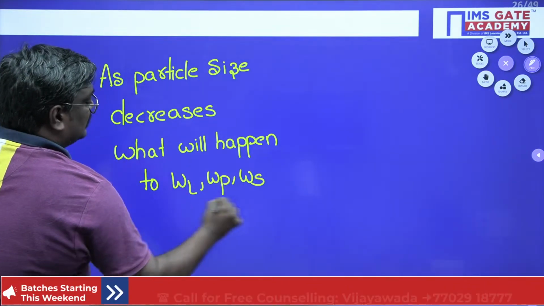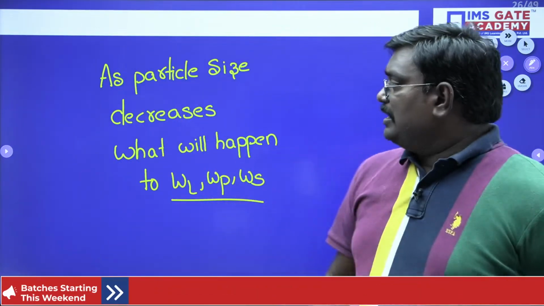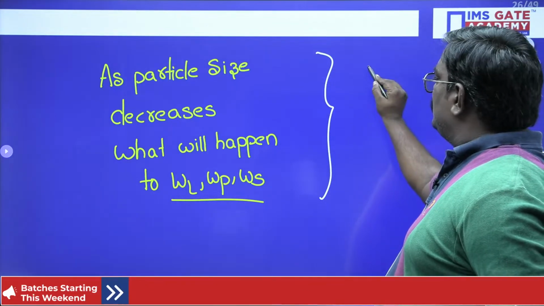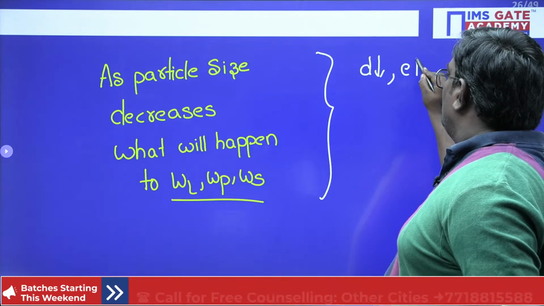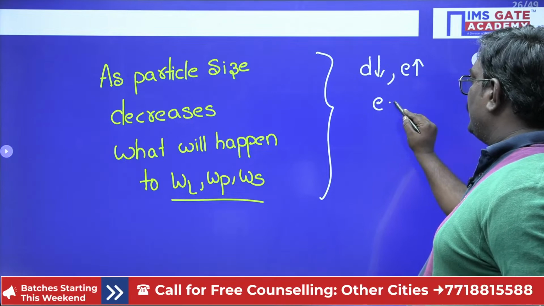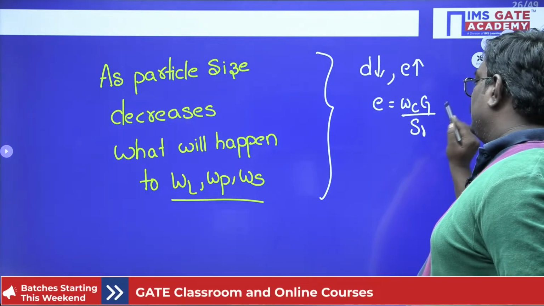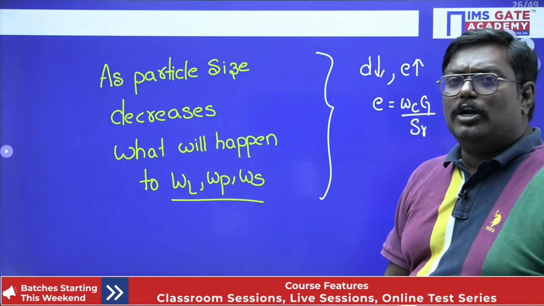This is a very simple way to identify that. If the diameter of the particle decreases, what will happen to the void ratio? The void ratio will increase. Now the relation between void ratio and water content is e = wG/S_r. The liquid limit and plastic limit are nothing but water contents.